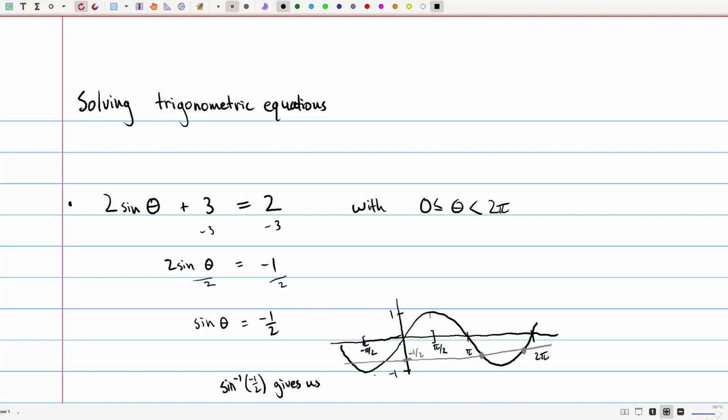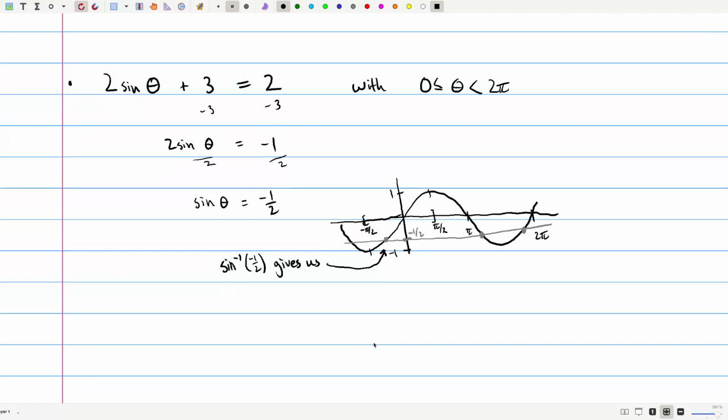And then if we want to see what the inverse function is, we just see, for a given y value, what is the input that would give us that. So this particular intersection point is sine inverse of minus 1/2, because it's in the correct interval for the definition of the inverse function.